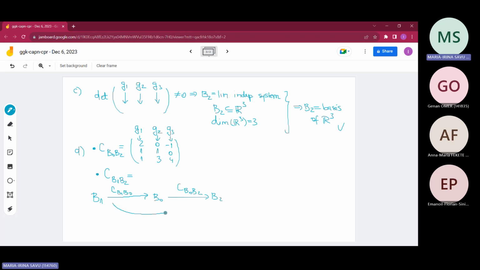And if you want to go directly, you use the matrix C, B1, B2. So the matrix C, B1, B2 is actually C, B1, B0 times C, B0, B2.